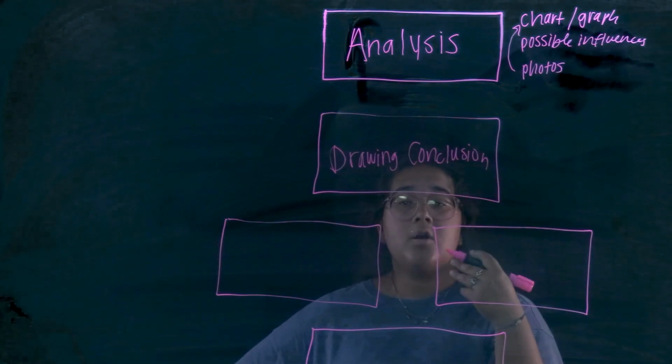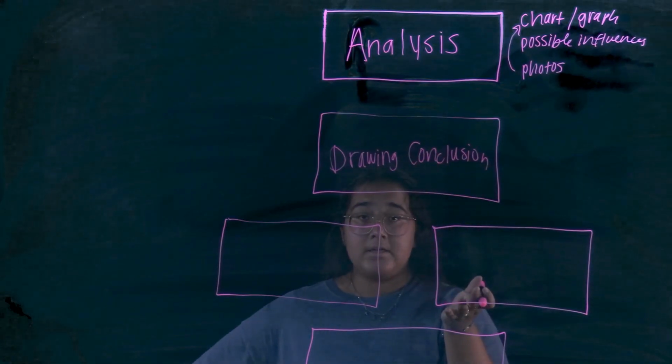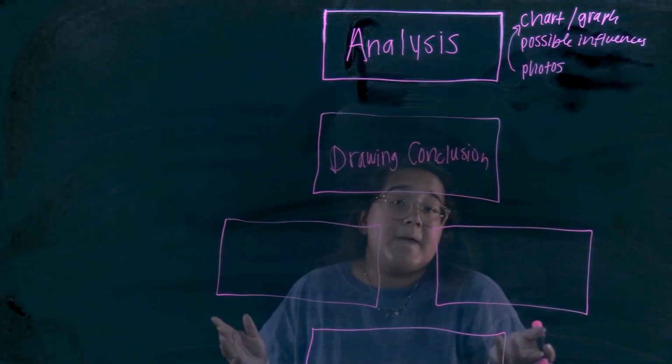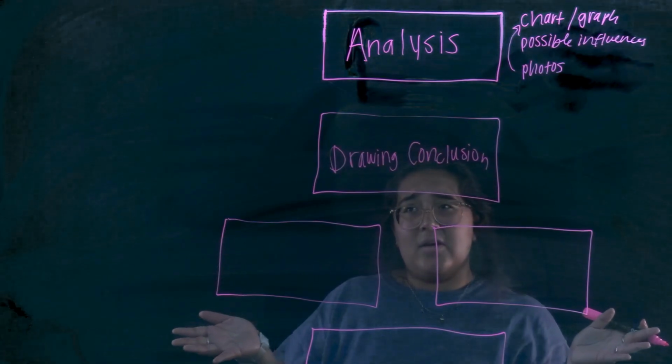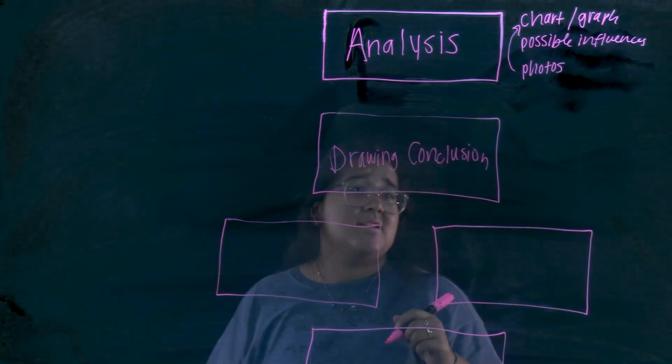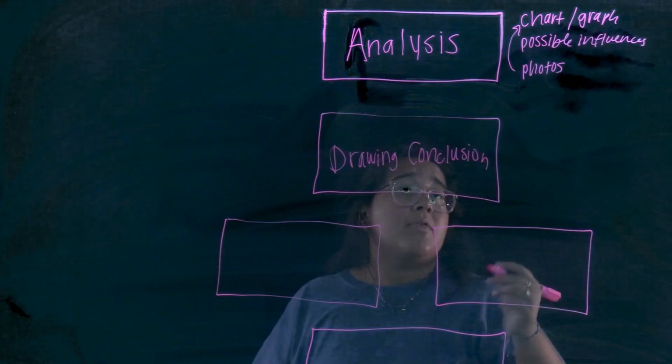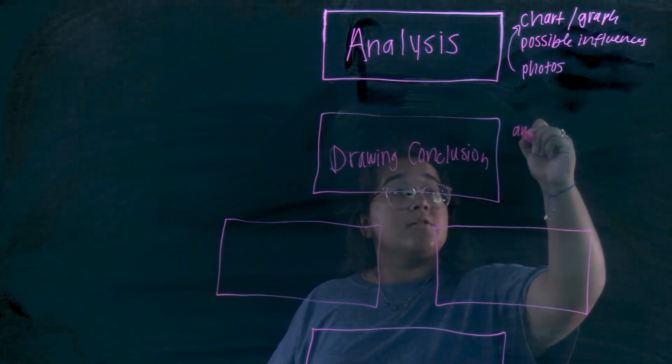So now is when we look at our data, we analyze it, and now we're saying, all right, which method really did work the best? Was it the thing I said, the ice water took the longest? So we're coming up with the answer to our question.